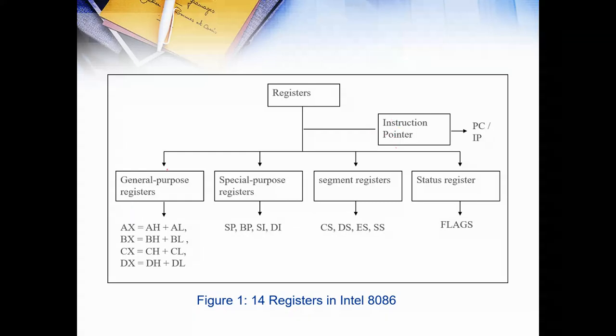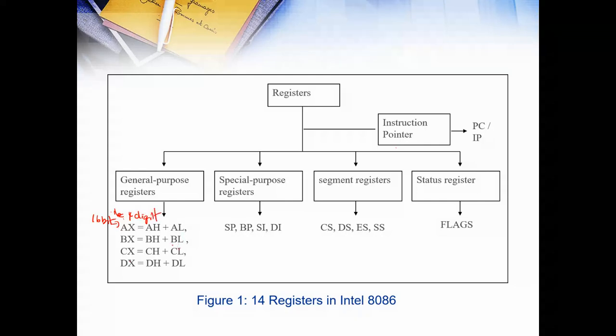Then we have the general purpose registers. You have four, which are AX, BX, CX, and DX. Your general purpose registers basically have two modes: a 16-bit mode and an 8-bit mode. AX itself uses 16 bits, equivalent to 4 digits of hexa.